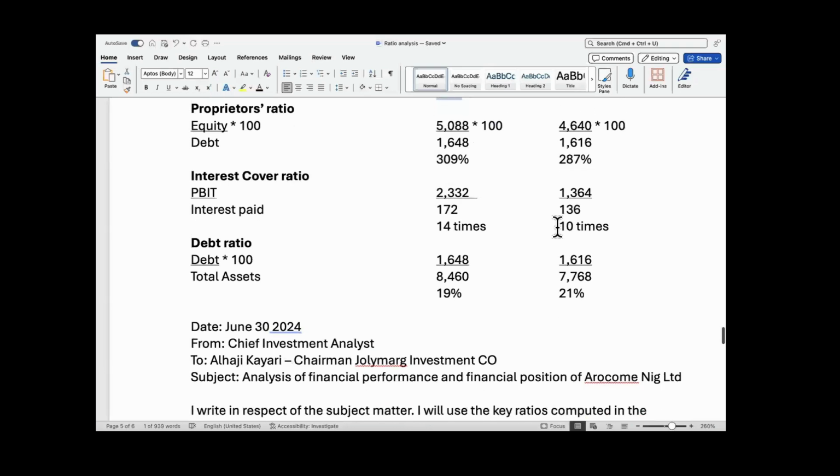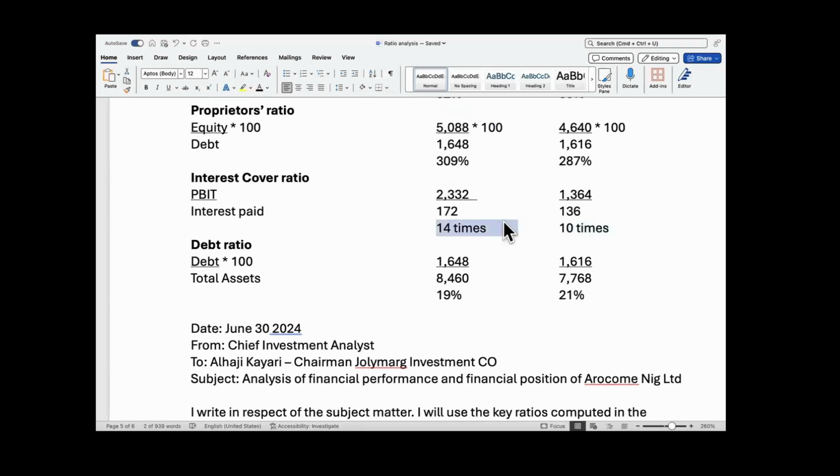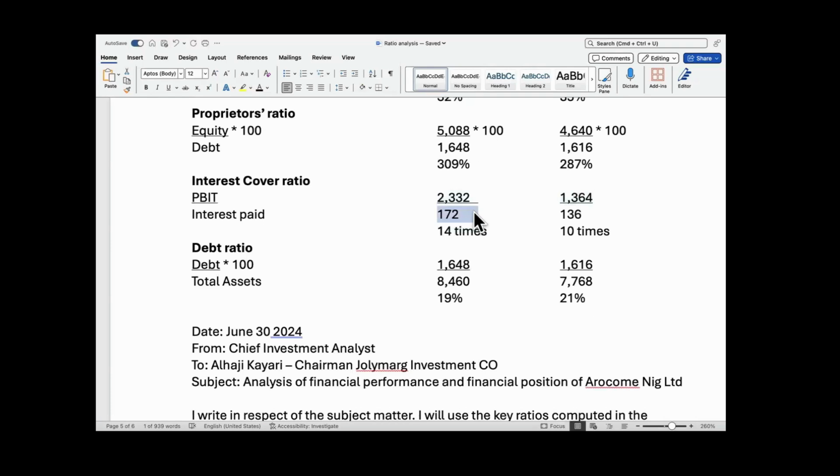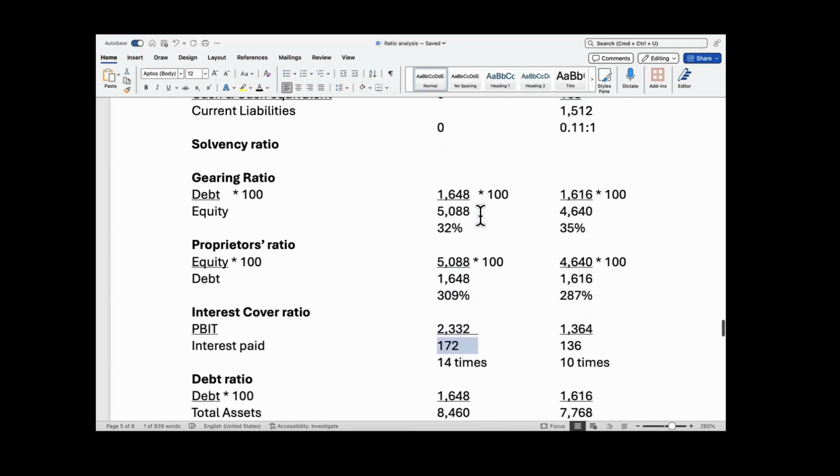And also, you'll see their interest cover ratio improved very well. And majorly two things: they are not been able to borrow more money, but their profitability keeps going up. Which shows that this is a viable company to invest in. Because look at it, they have a profit that can pay the current interest 14 times. That is overly impressive. So let's say something around that.